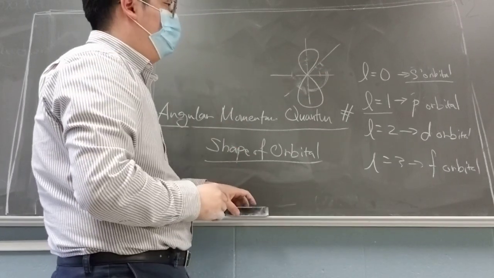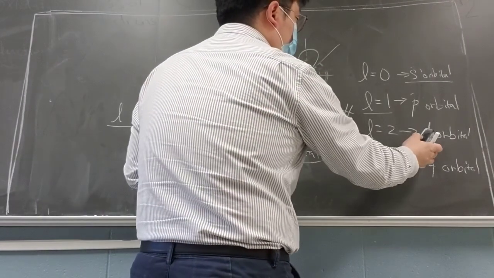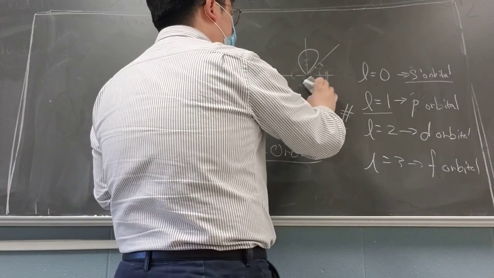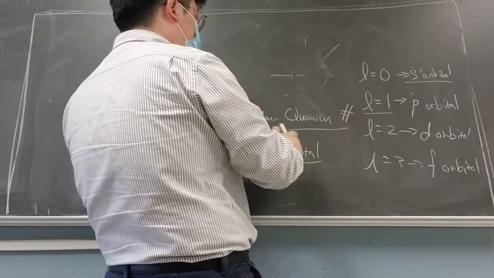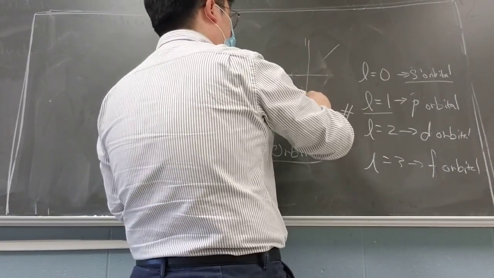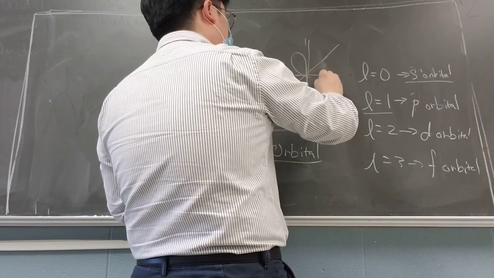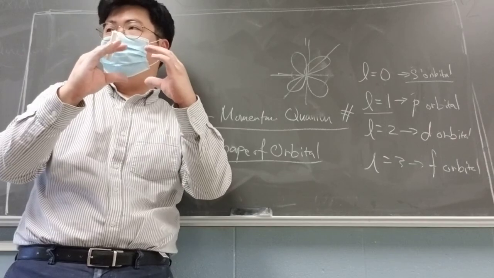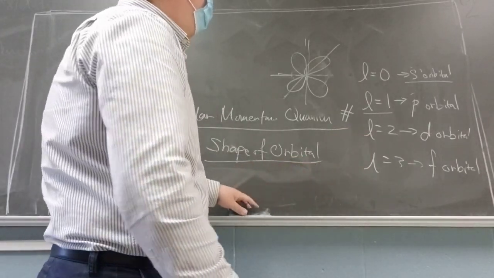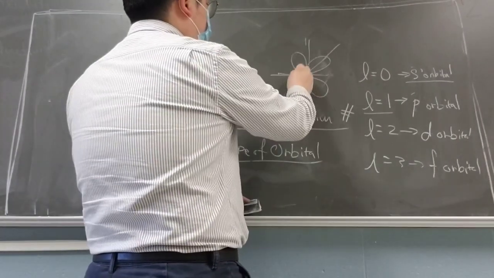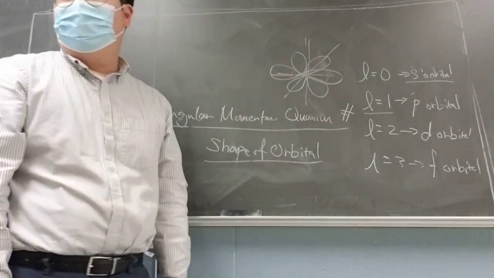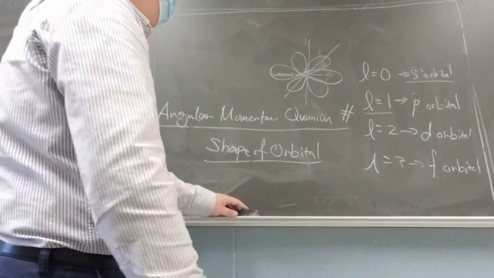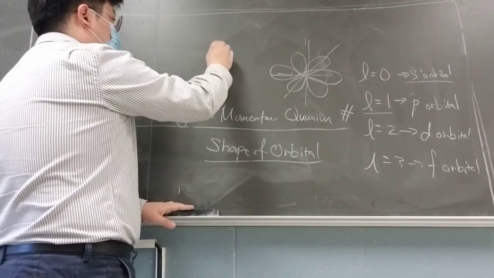And the d orbital has 2, so it looks like a butterfly. Now they have 2 dumbbell shapes kind of combined together. The 3 is pretty much the same, you just need to add one more. It's like a flower, some weird shape, looks like this.